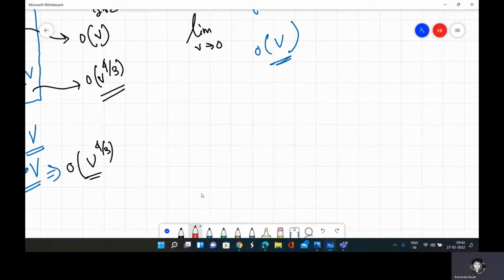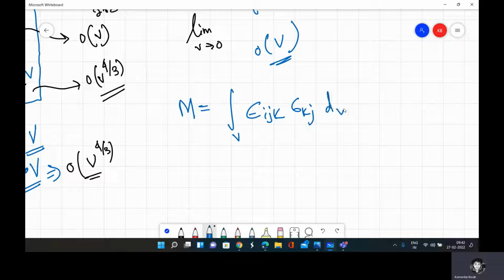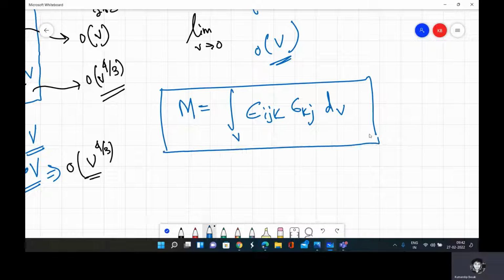We are finally getting that the net moment is equal to the integral of epsilon ijk sigma kj dV. This is an excellent simplification of the existing problem. We just shrink the volume delta V to the volume element V to 0. We get the moment simply in this expression.